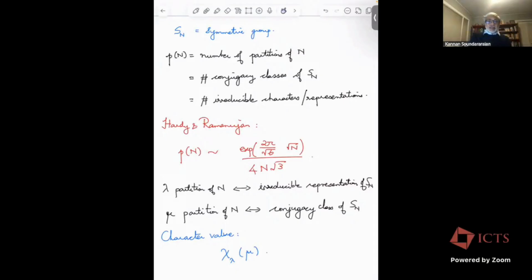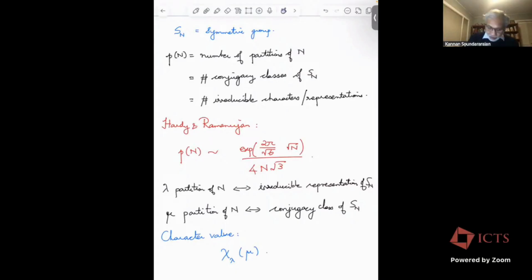And the character table is a Pn by Pn square table, and it has these character values. Each irreducible character corresponding to lambda, you evaluate at a conjugacy class, and you get an integer out of this. And this is the number chi lambda mu that we are interested in studying here.